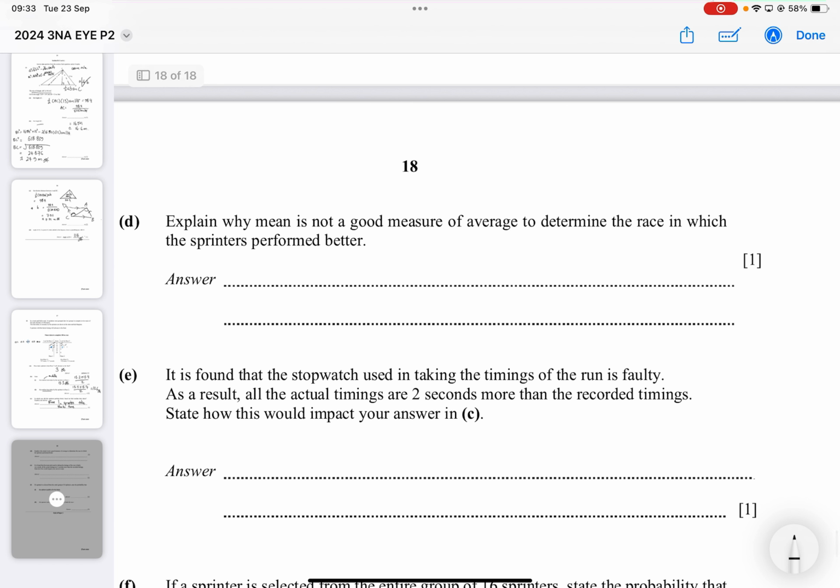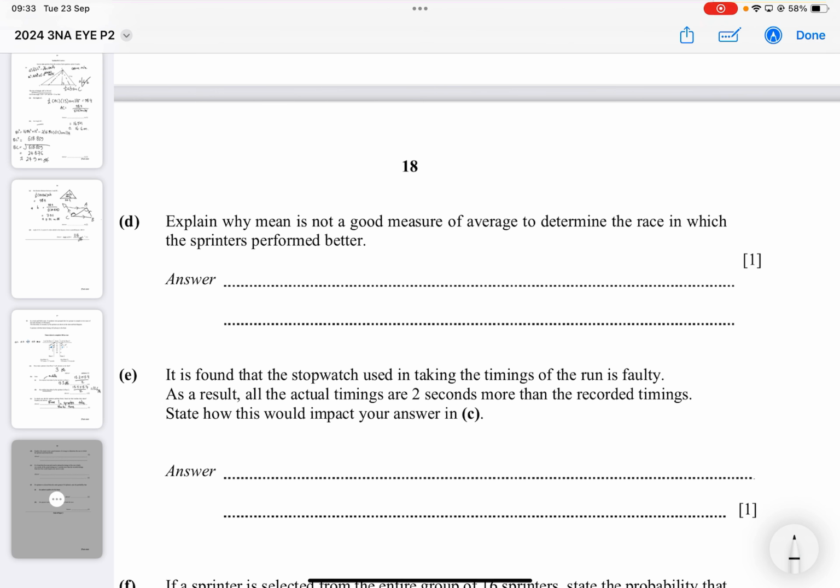Okay, explain why mean is not a good measure of average to determine the race in which the sprinters perform better. Okay? Generally, when is mean not a good measure of average?